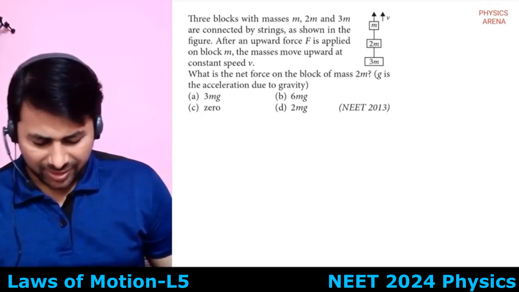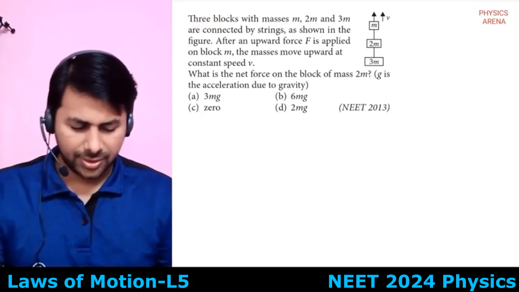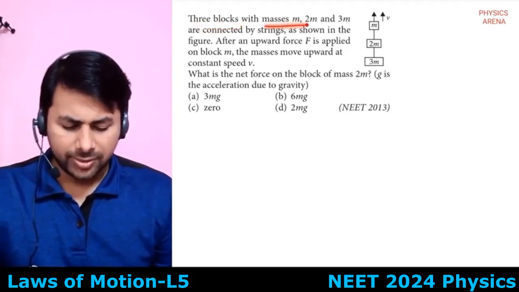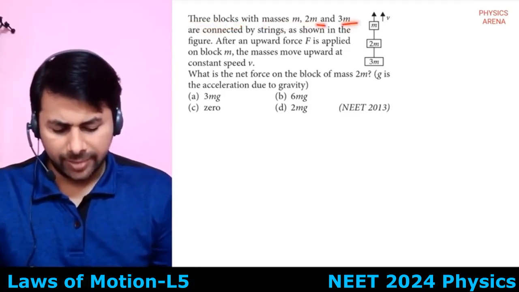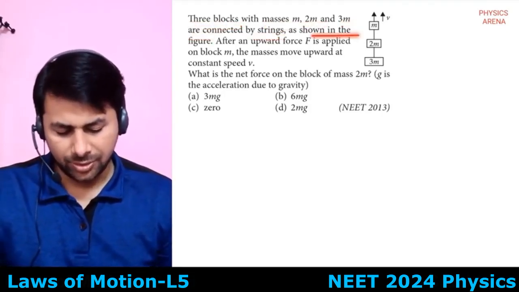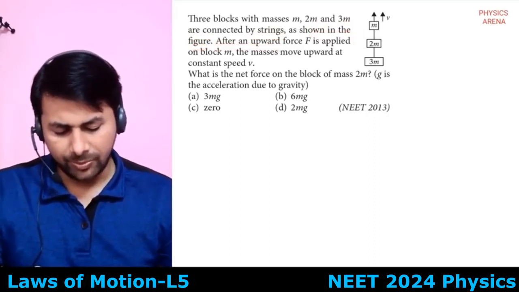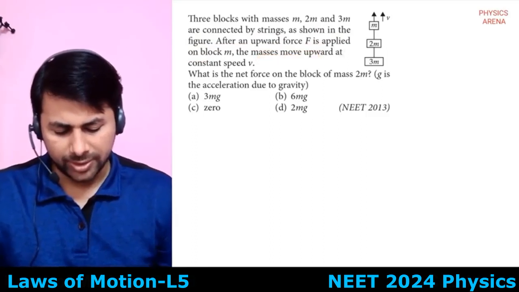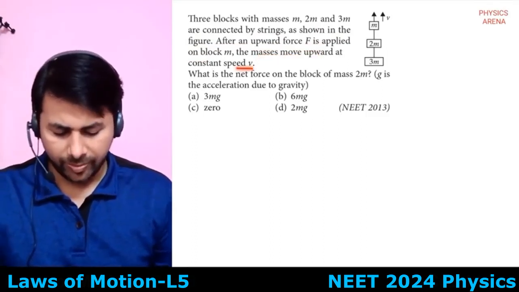Okay, so please remember that. So next, three blocks with masses m, 2m and 3m are connected by strings as shown in the figure. After an upward force F is applied on block m, the masses move upwards at constant speed v.